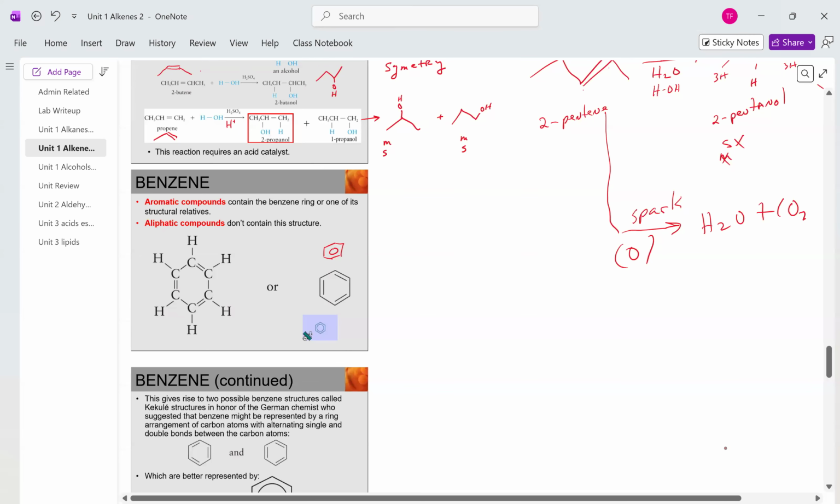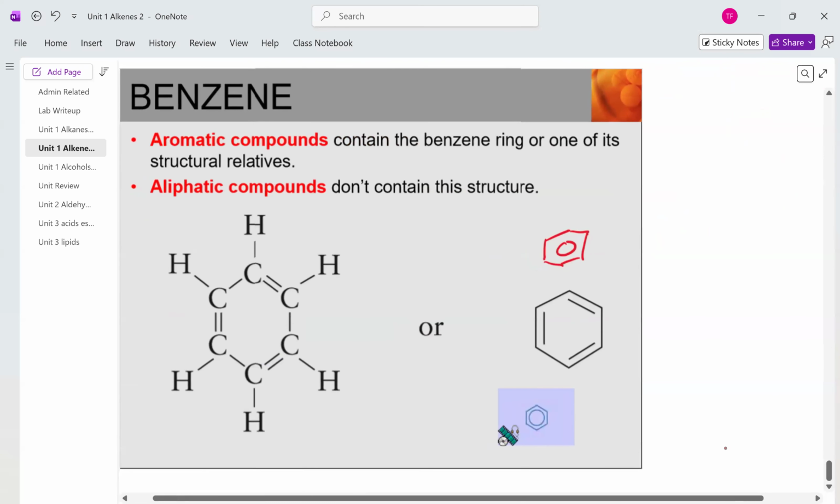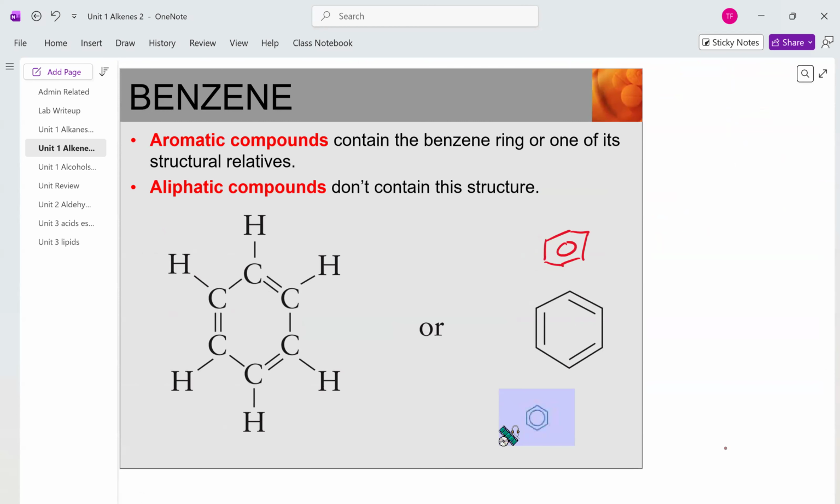Let's talk about an aromatic compound now. So we can divide compounds up into aromatic and aliphatic. Aromatic contains benzene. That's what this here is. Or benzene rings that are tied together, like this here.